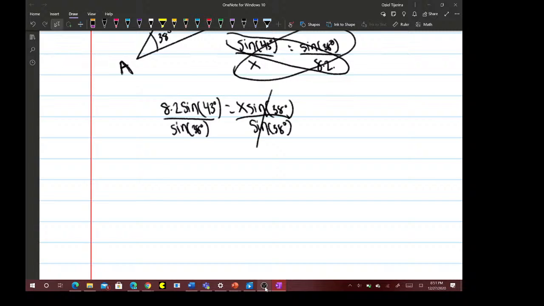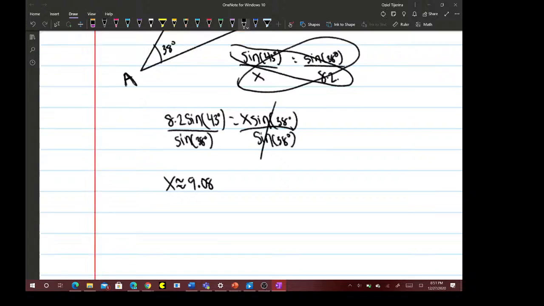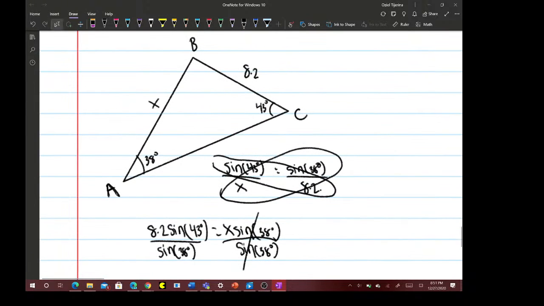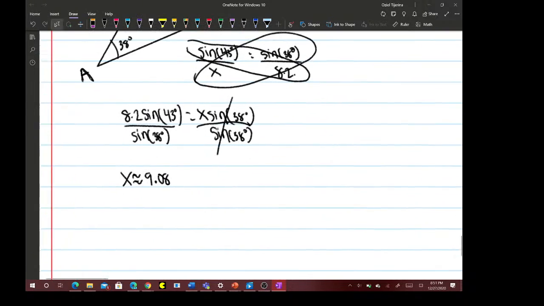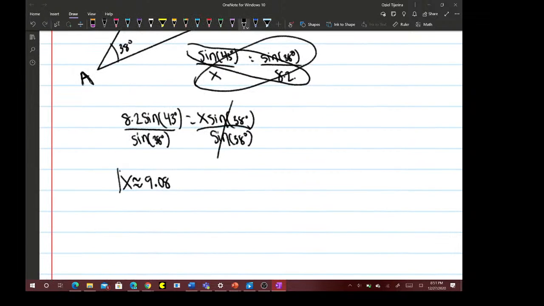And it's in degree mode. So x would be approximately 9.08. Okay. And this is not degrees, this is just units. We can say units for this since it doesn't really have units.